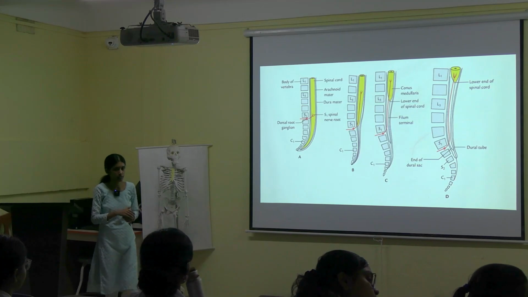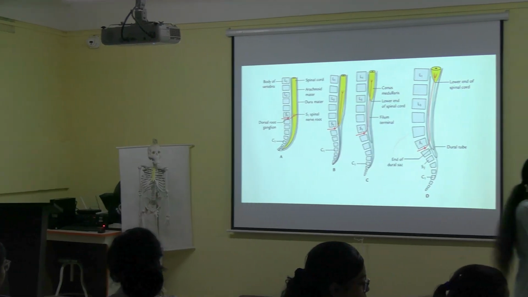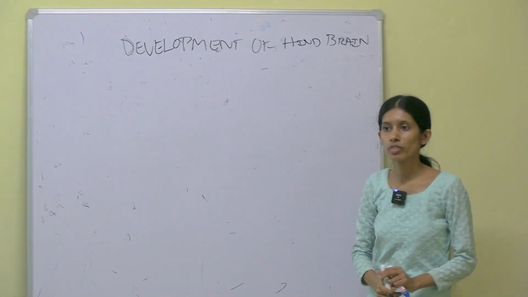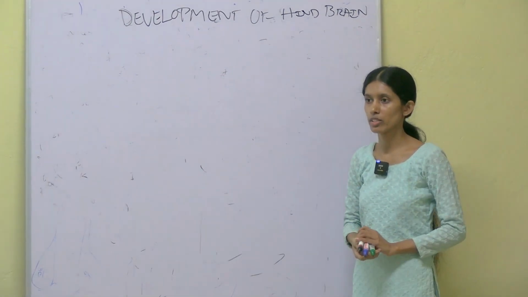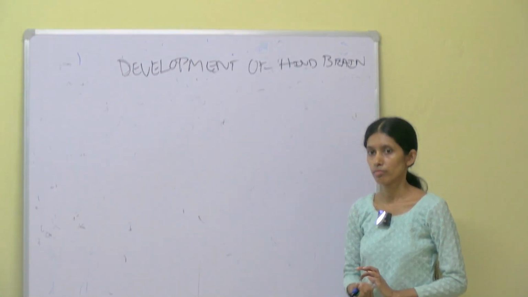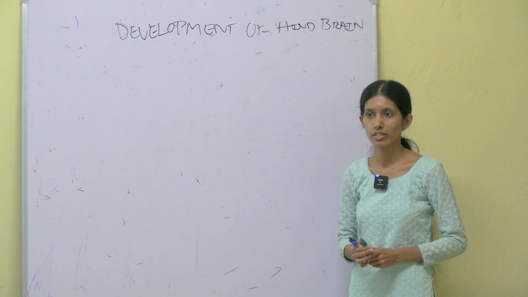So, tell me the brain vesicles part. How does the development of brain vesicles take place? In which week can we see the development of brain vesicles?